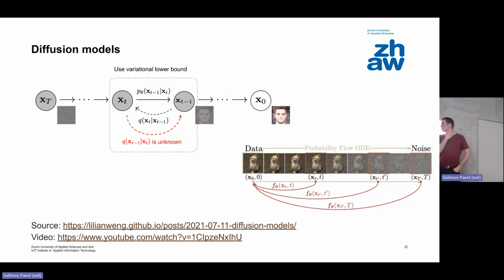Obviously for this man there was this noise, for the dog there was whatever noise. Now, can you tell me which noise for which picture corresponds to this type of noise, let's say the final noise?